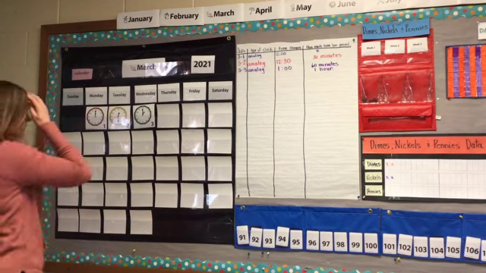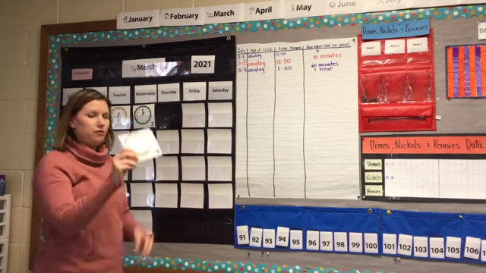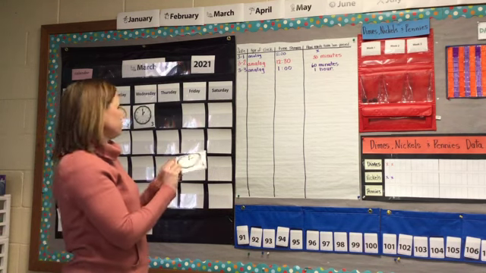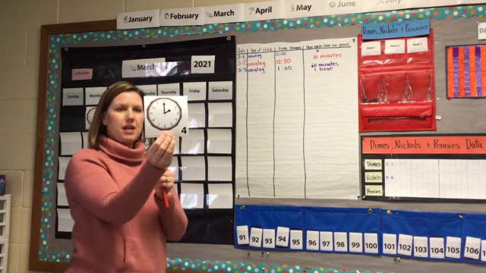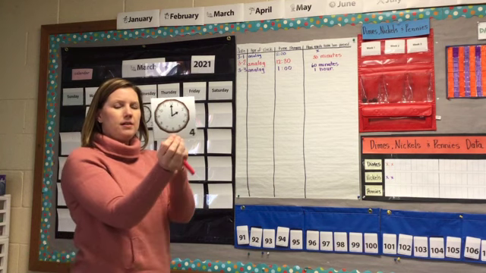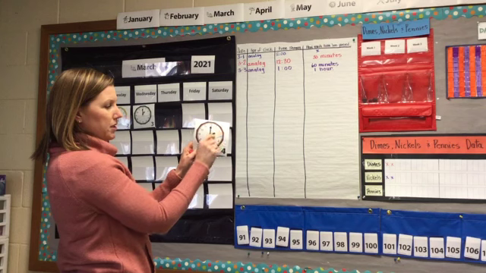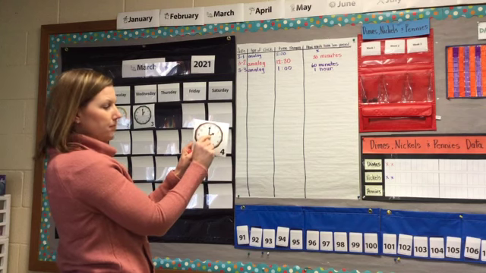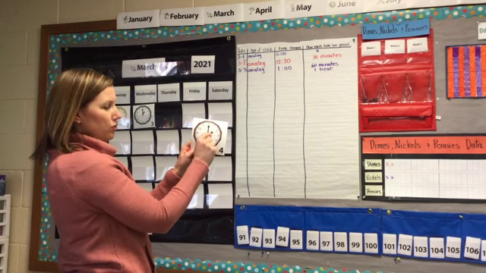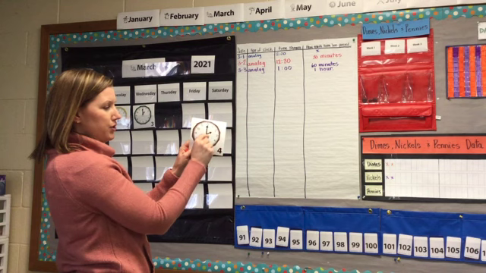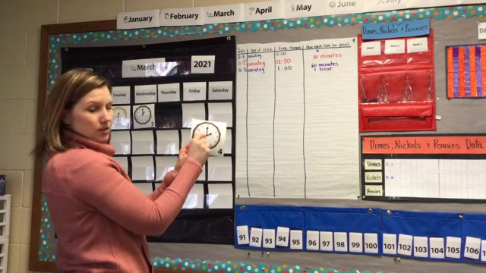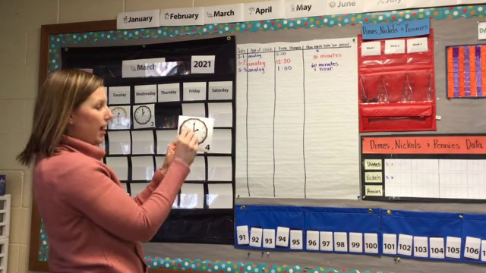Well, let's see what today, Thursday, March 4th, looks like. Okay, Thursday, March 4th. Now take a look at our clock. The hour hand is pointing to the 2. So the 2 tells us that the hour is 2 and the minute is on the 12, which means o'clock.